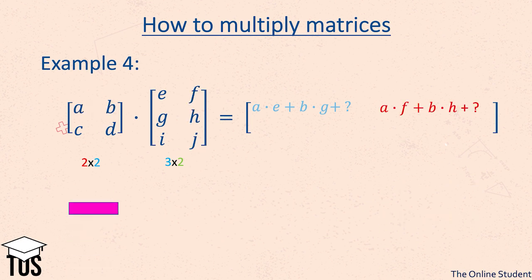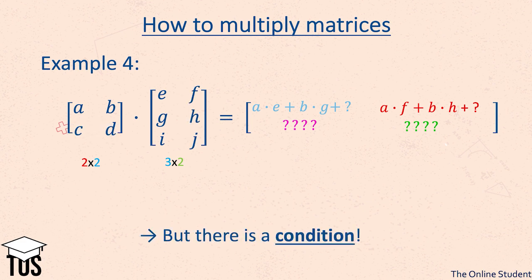And the same goes for any other combination of rows and columns. We cannot calculate them properly because we do not have enough elements in this row to multiply with every element in this column. So again, we don't know what this element will be.